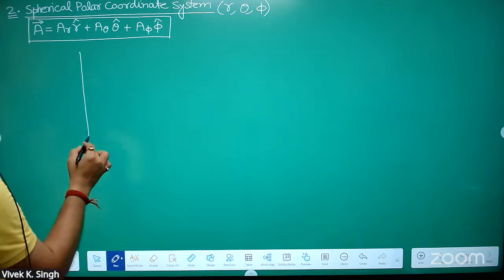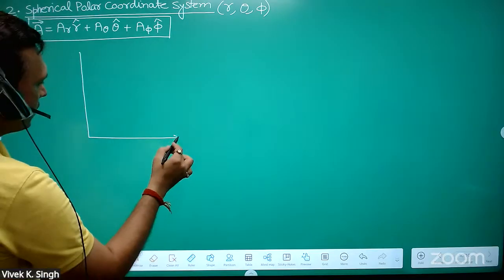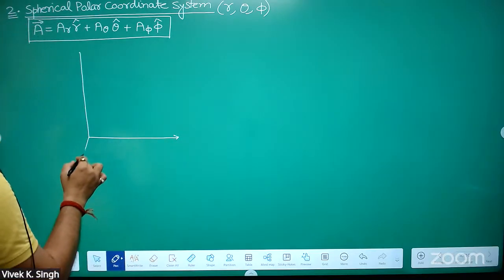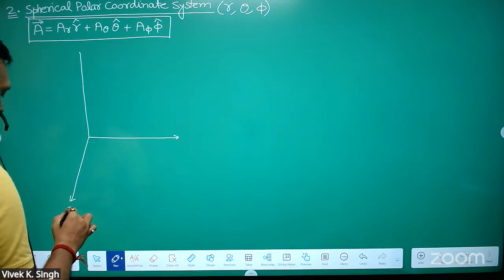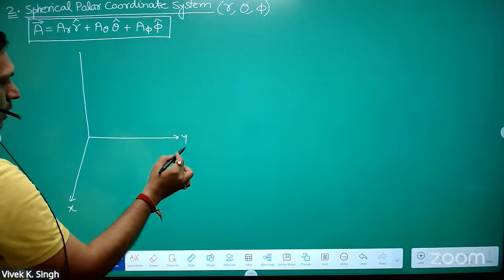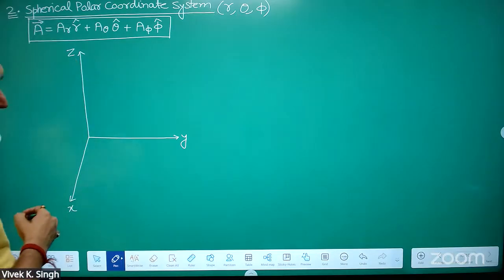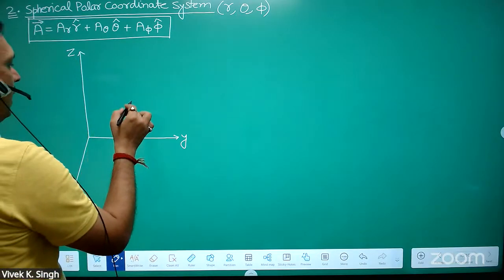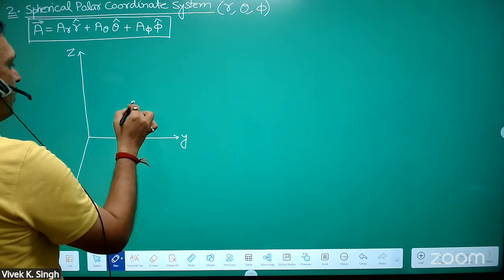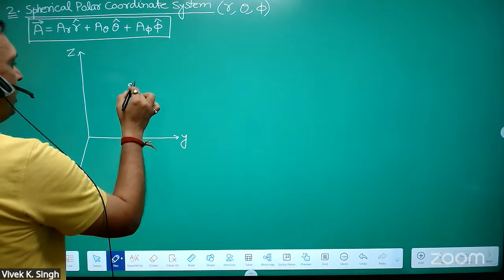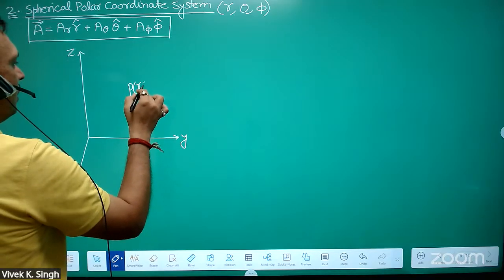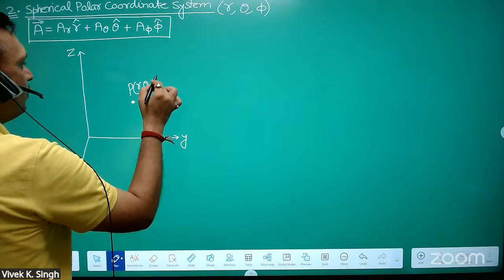You know that in a spherical polar coordinate system, we first have three mutually perpendicular axes x, y, z, and in spherical symmetry any point P lies on the surface of a sphere.